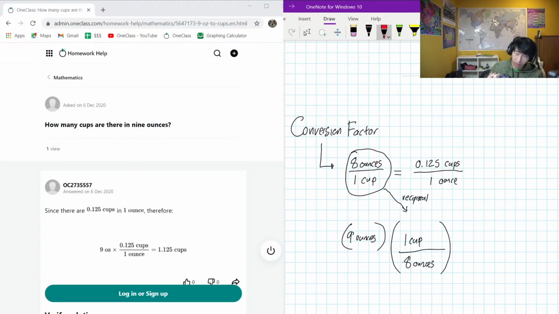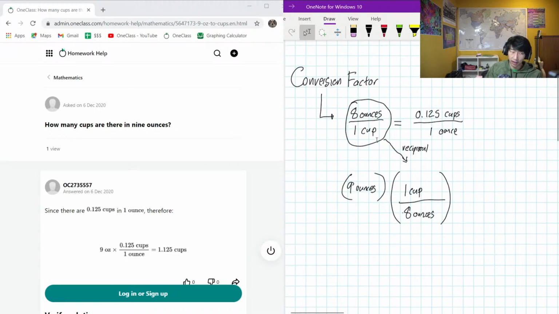Now, we can treat these units as if they are kind of like variables, and we know that anything divided by itself has to be 1, meaning that it's not going to be relevant to the calculation. So we can see that we have ounces on the top and ounces on the bottom. They have to cancel out, leaving us with just cups.